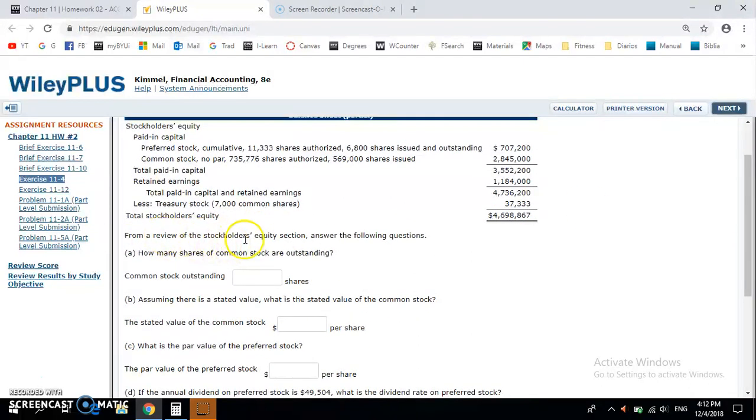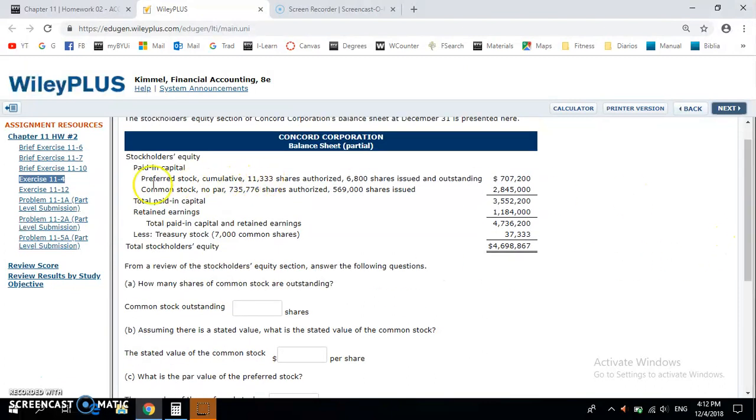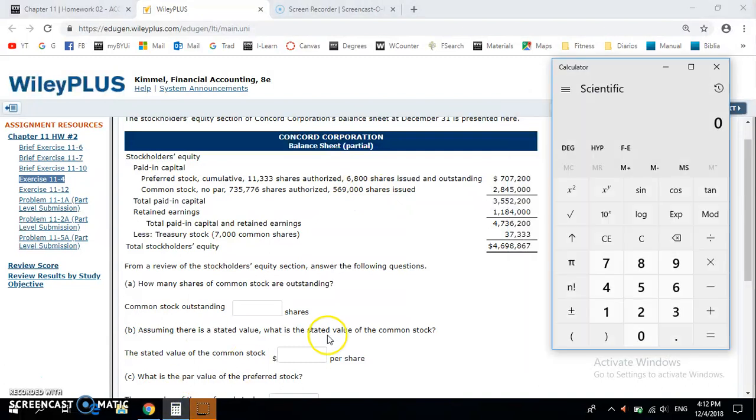From a review of the stockholders' equity section, answer the following questions. How many shares of common stock are outstanding? Now, we're not given how many are outstanding, but we know that we're going to use the calculator.